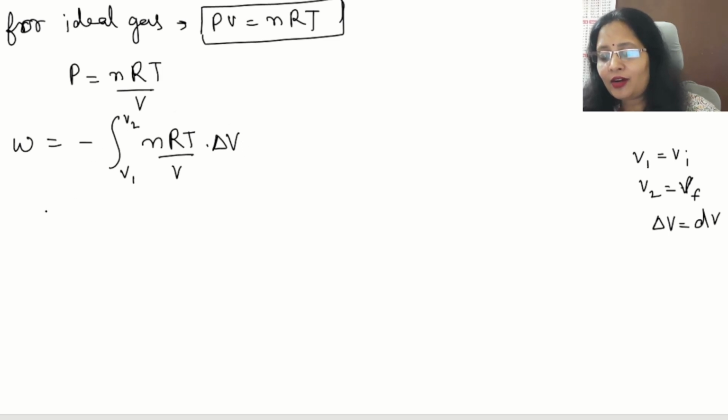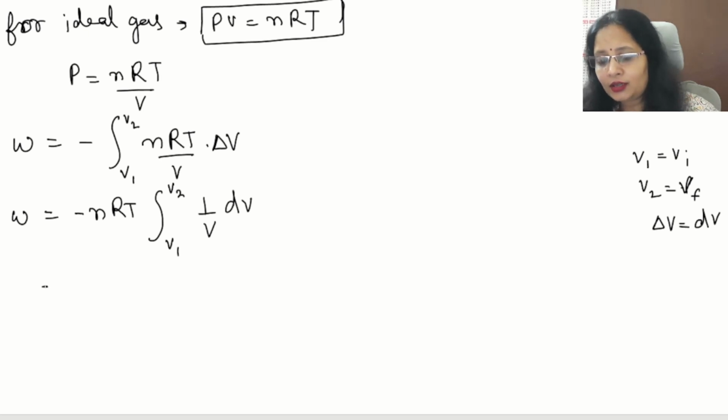Now take all the constants outside the integration. W is equal to minus nRT integration V1 to V2, 1 upon V and dV will be left over. Now when we remove the integration, what will happen? Log will appear and nRT is there.